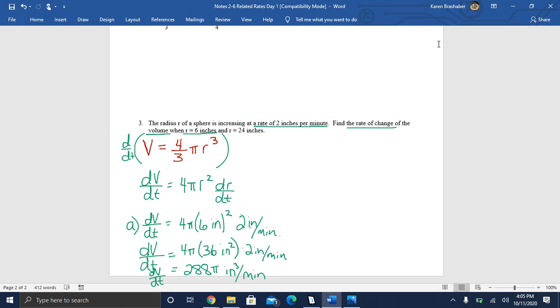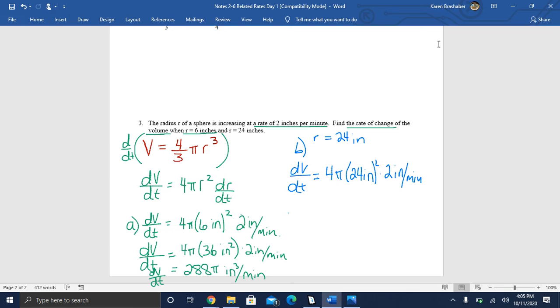So if you imagine a beach ball being blown up and now the radius is 24 inches, let's look at part B. So in part B, when the radius is 24 inches, now we can substitute in. So dV/dt would equal 4 pi times 24 inches squared, and then times 2 inches per minute.